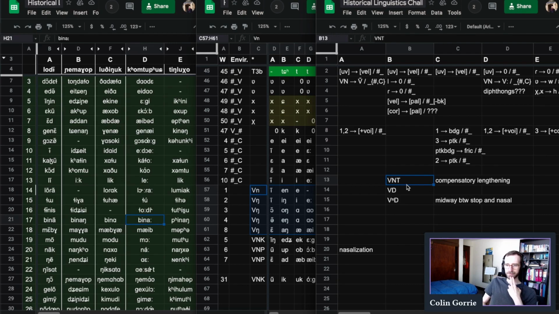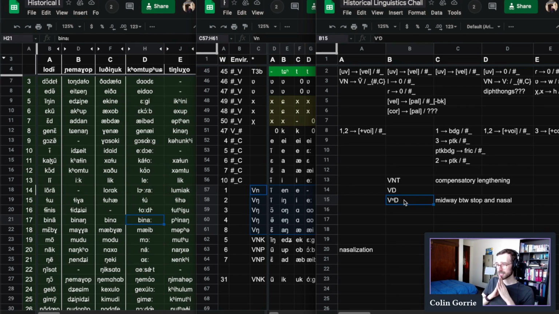Okay. So Jack points out, if we have a prenasalized stop going to nasal stop sequences in D, yeah, we could basically combine these theories. So we have prenasalized stops in the proto-language, then those go to nasal stop sequences in D, and then we get compensatory lengthening.